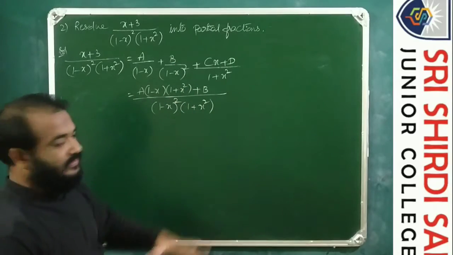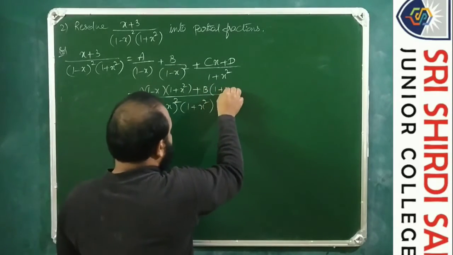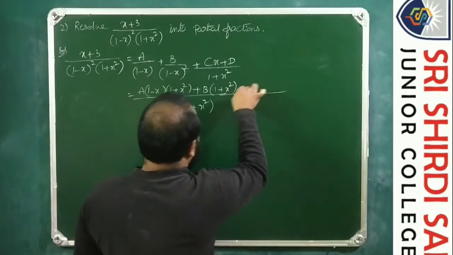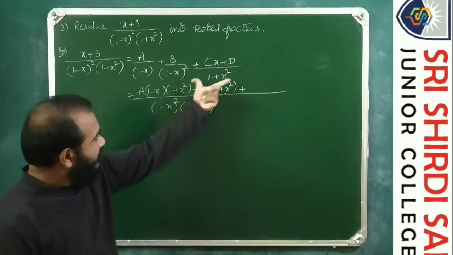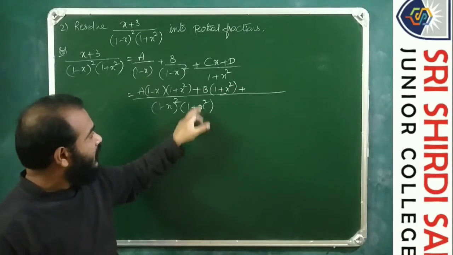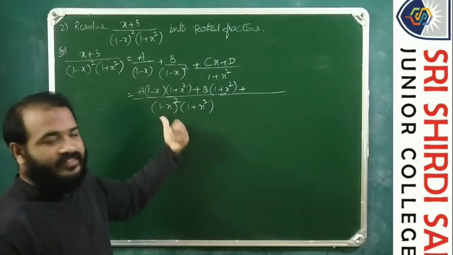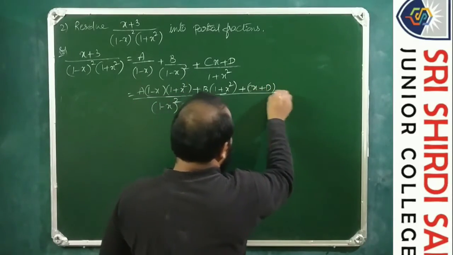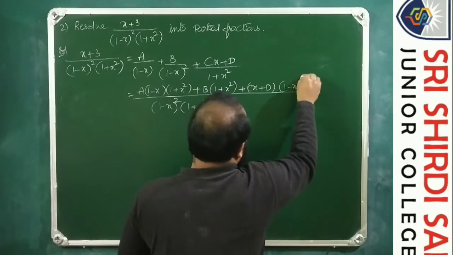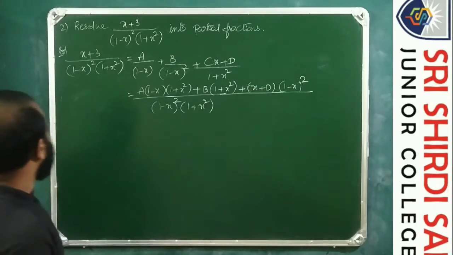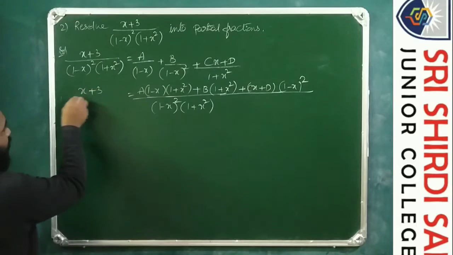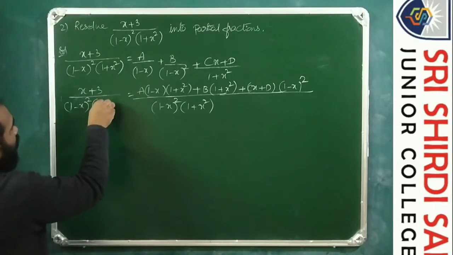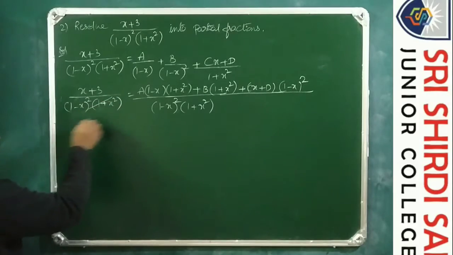B into 1 plus x square plus this by this. These two get cancelled. Cx plus d into 1 minus x whole square. This is equal to x plus 3 by 1 minus x whole square into 1 plus x square.